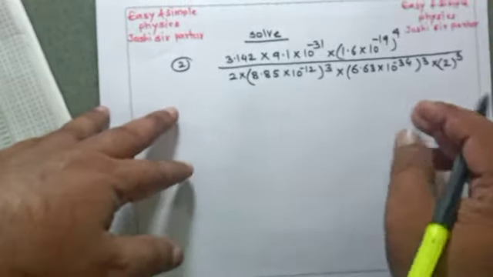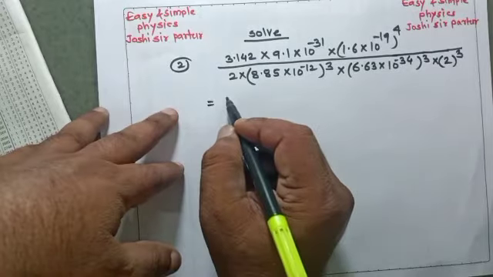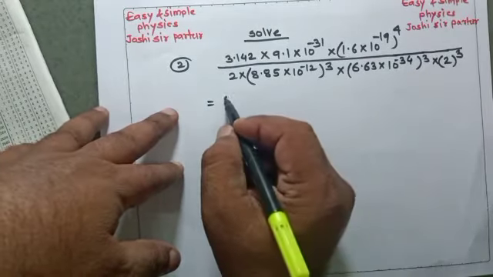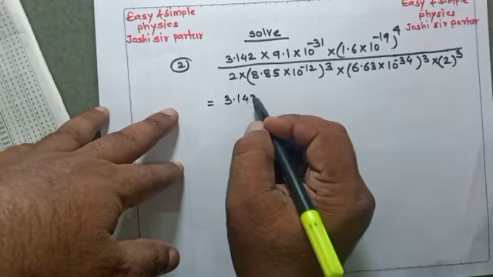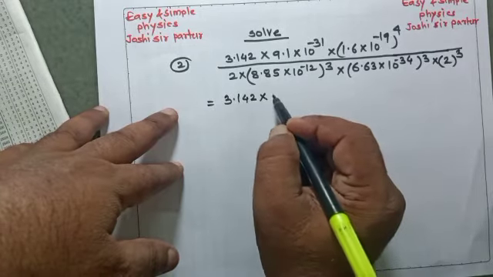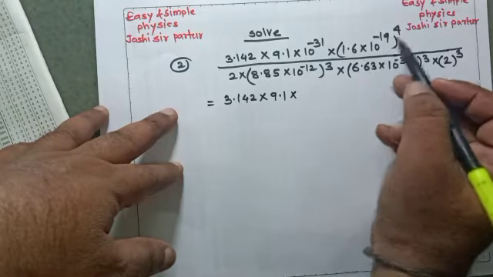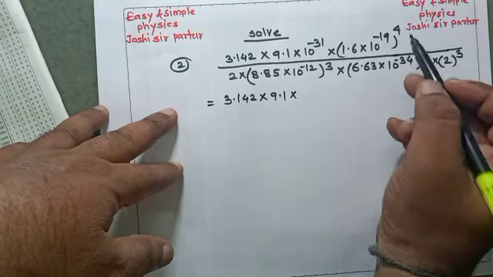So here by solving these, all the powers of 10 can be cleared. So 3.142 multiplied by 9.1 multiplied by 1.6, 4 times, because the fourth power is there.